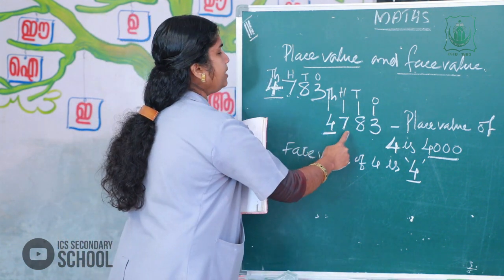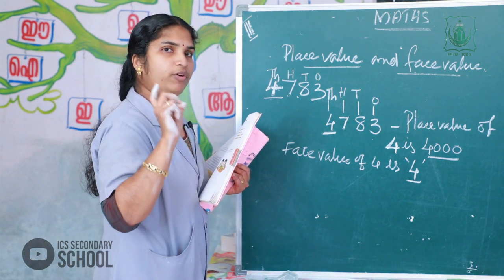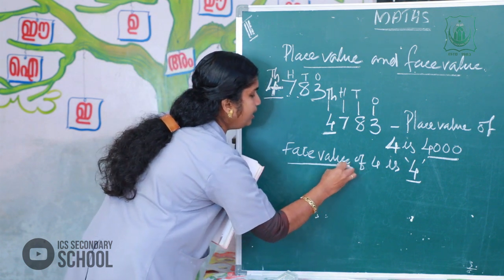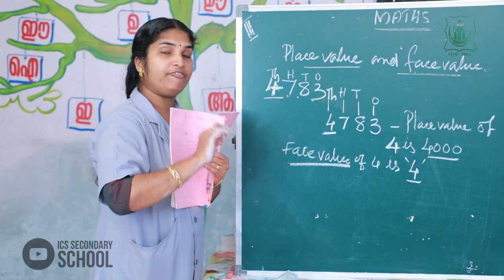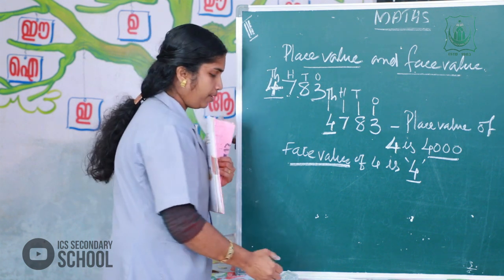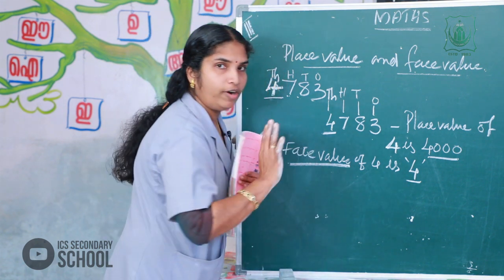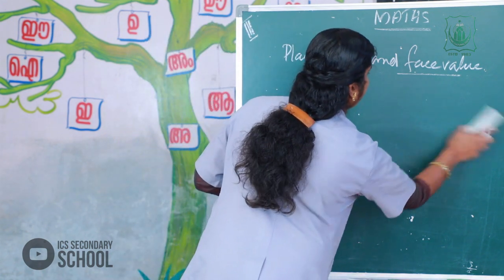In 4783, the place value of 4 is 4000, and for the face value, please note the word face value. Face value means digit itself. Please write the digit itself. Face value of 4 is 4 only. Yes. Next example.